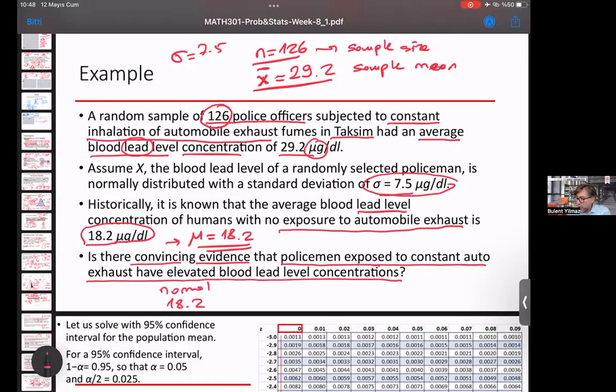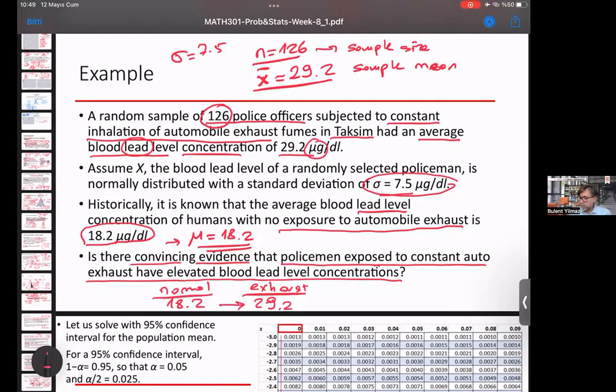Normally, for normal people it is 18.2, and I found 29.2 from 126 police officers in Taksim who inhale exhaust. Is this significantly different?